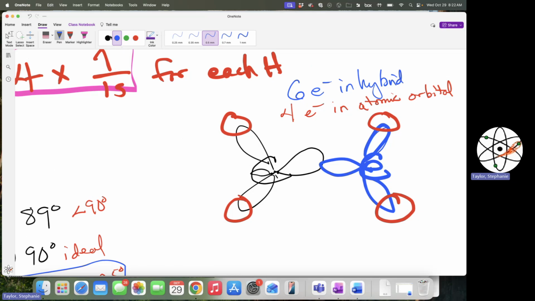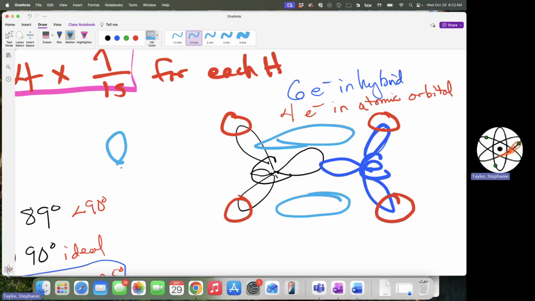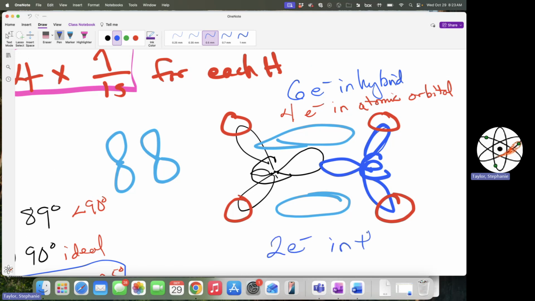So if I'm going to show off my pi bond, I need to show what's happening. My pi bond is that above and below thing, where basically I have overlap from a p orbital on each carbon. So I have one electron essentially from each p orbital, and so then I have 2 electrons in the pi bond, which, since it's just coming from 2 p orbitals, are also unhybridized.